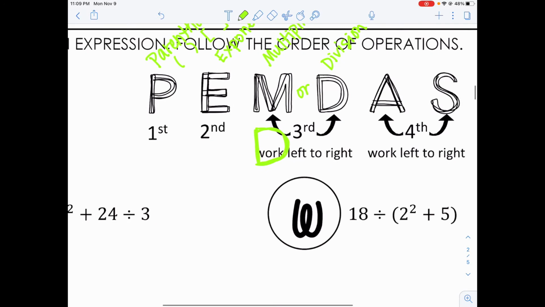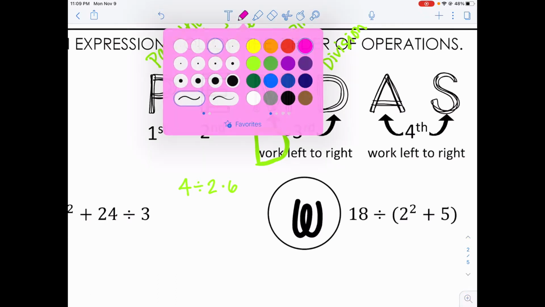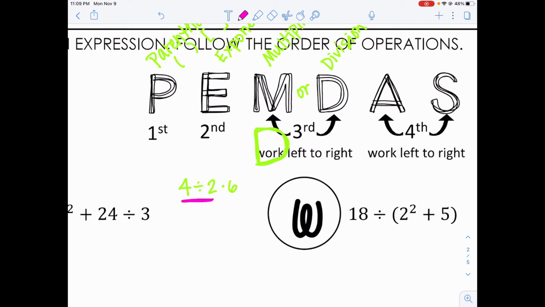For example, in a problem like 4 divided by 2 times 6, even though the M comes first in our acronym for PEMDAS, because multiplication and division are like the same level, we do them in order from left to right. So whichever comes first in the problem for multiplication or division is what you do first. In this particular problem, division comes first.